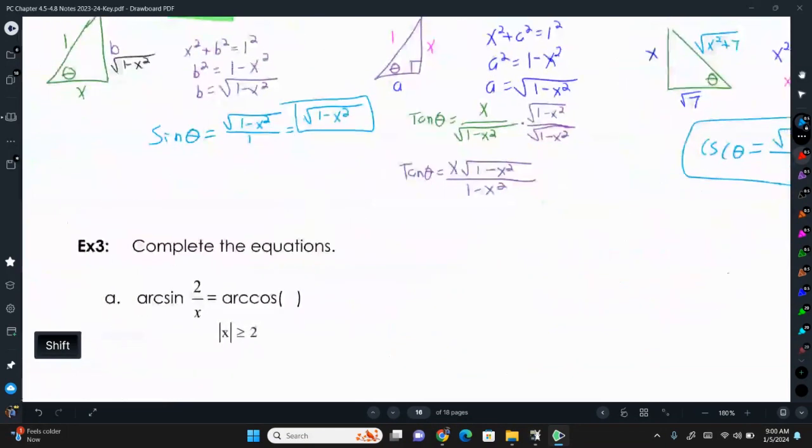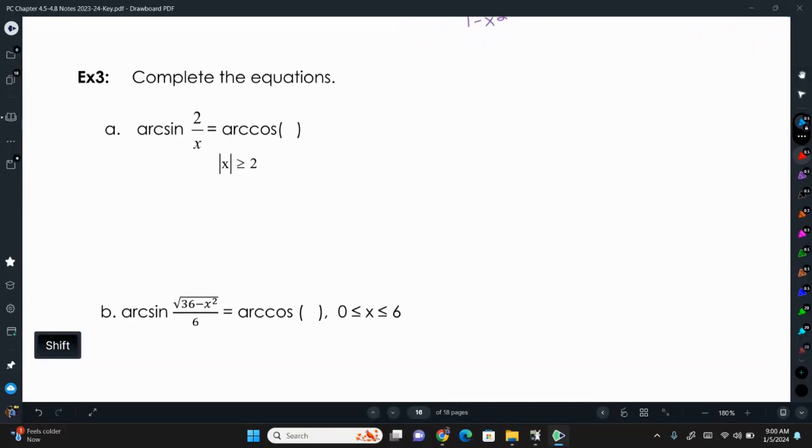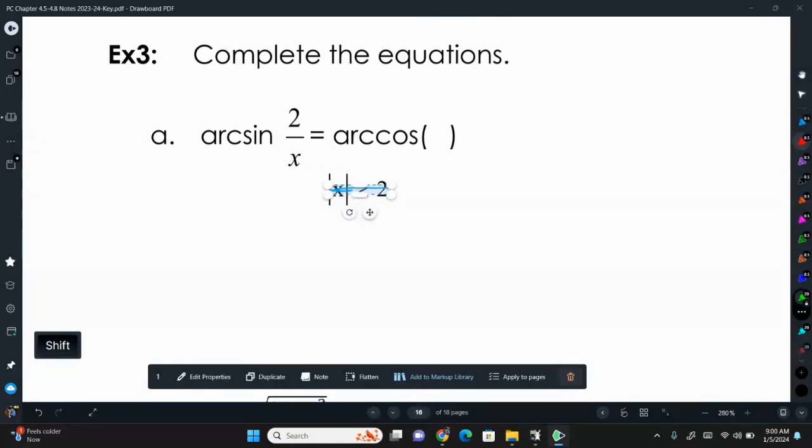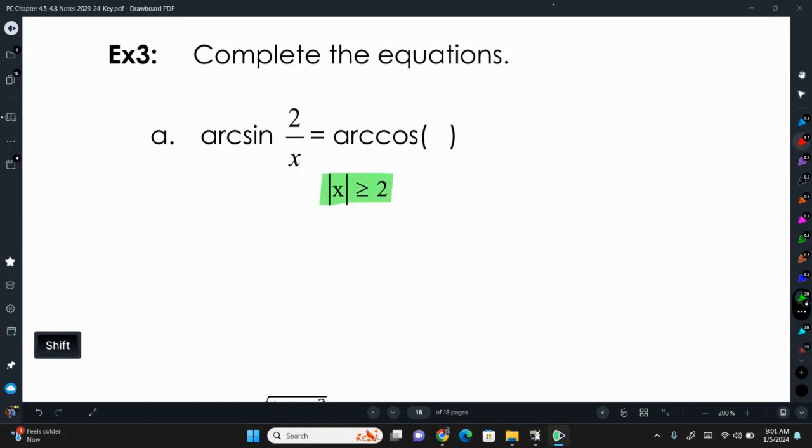All right, now the last examples here, it says complete the equations. Arc sine of 2 over x equals arc cosine of what? So we're going to fill in the blank. And right here we have a restriction saying that the absolute value of x needs to be greater than 2. Well, the reason why that's true is because we know cosine is the adjacent, we know sine is the opposite over hypotenuse.